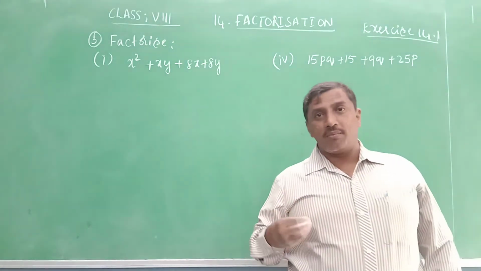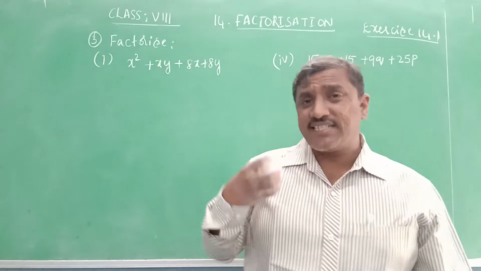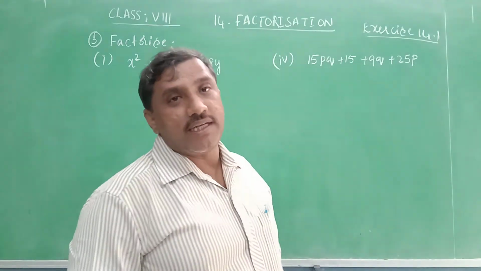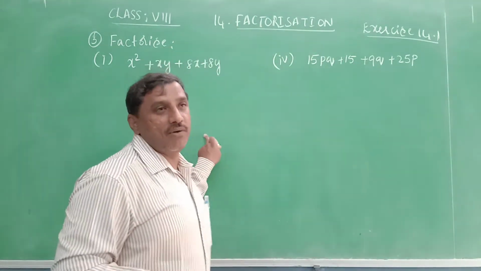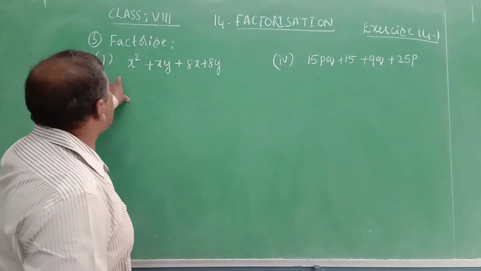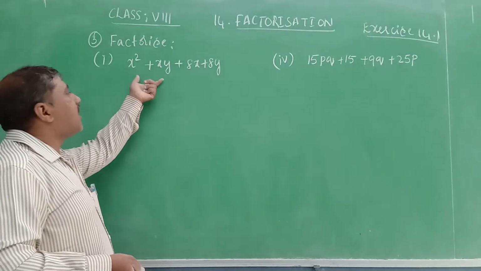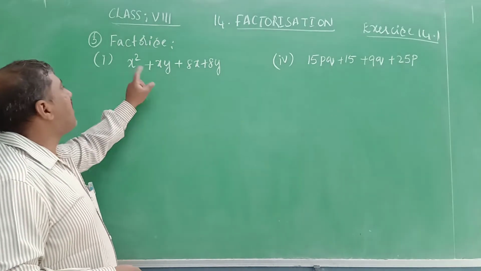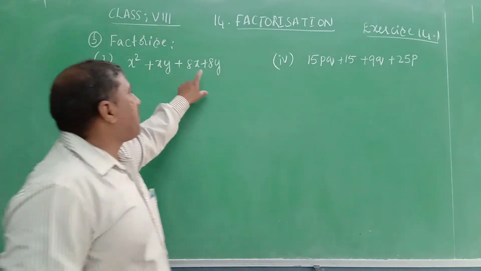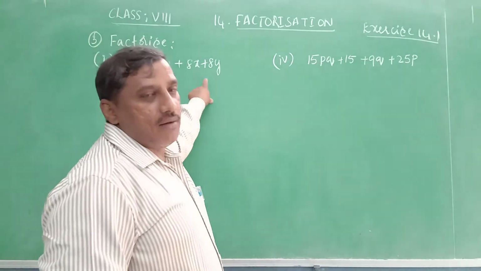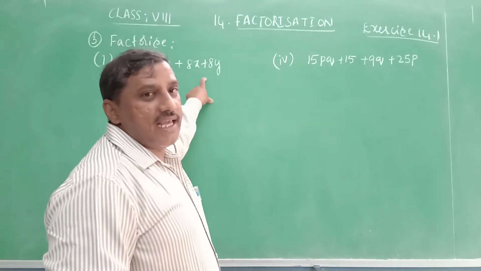There will be some expressions where we do not need to regroup the terms. This is also an example. Here it is not necessary to regroup the terms, because from the first pair of terms, x is common. In the second pair of terms, 8 is common.